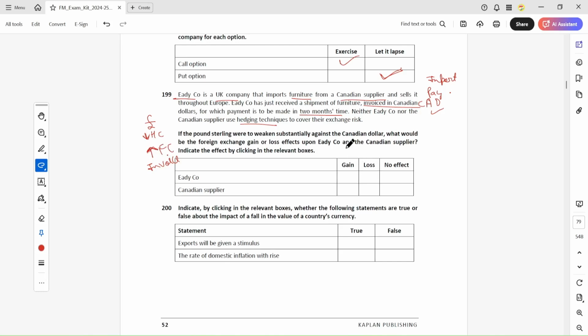So for us this is a loss. But because the Canadian supplier is invoiced in Canadian dollar, they will receive the same amount, whatever the exchange rate.